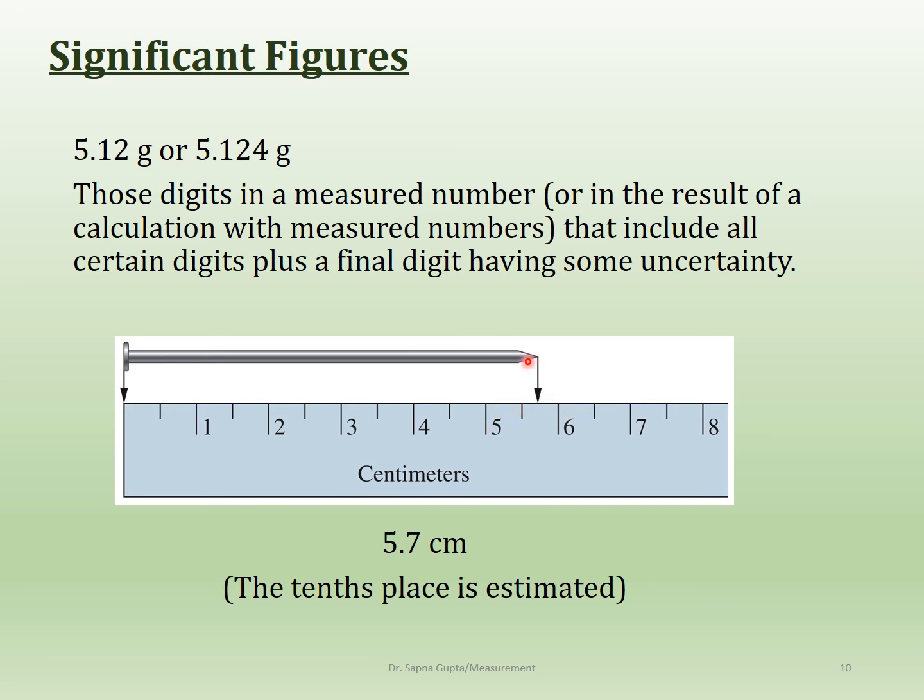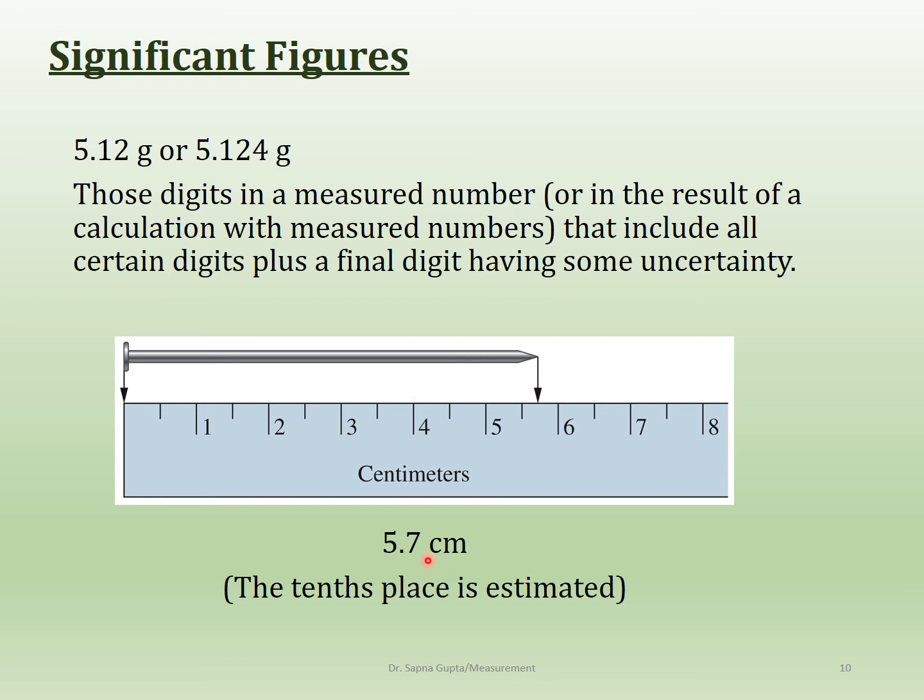Now, if this nail had stopped right here on this line, then it would be 5.5, but it is a little bit more than 5.5. So now it's kind of in between somewhere. So now you have to guess this number, and that is the uncertainty that we're talking about. So this number becomes 5.7. If you had chosen 5.6, that would be okay. If you had chosen 5.8, that is fine also.